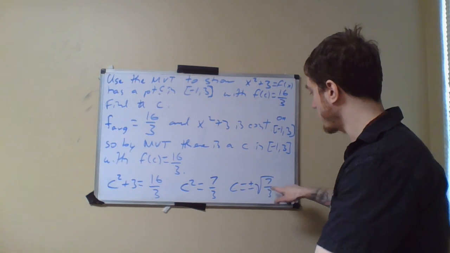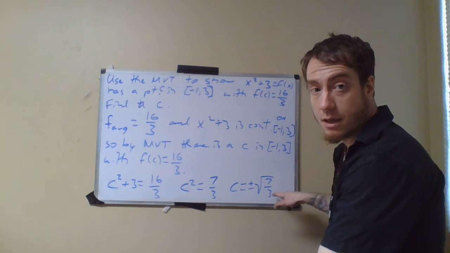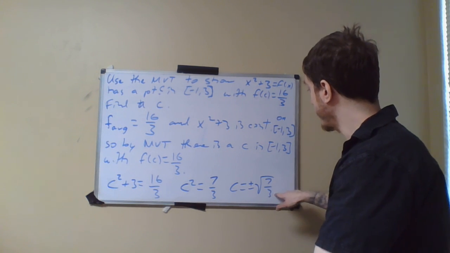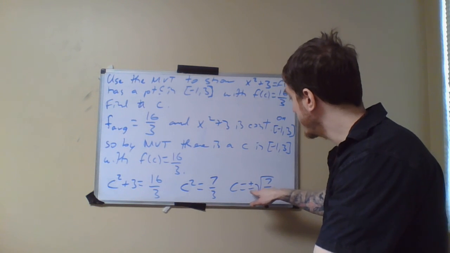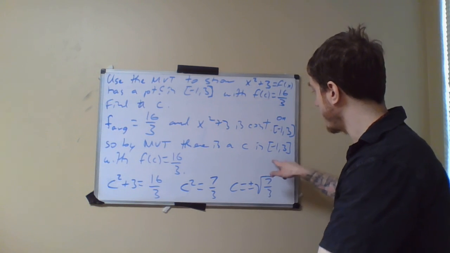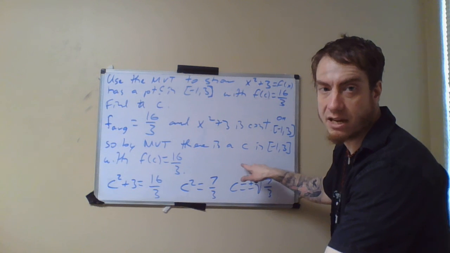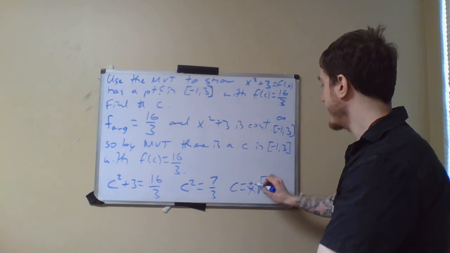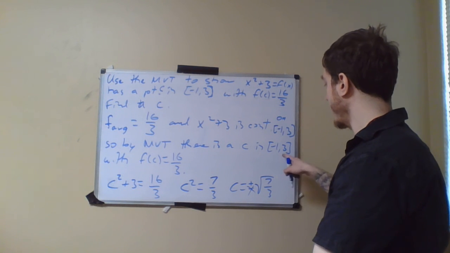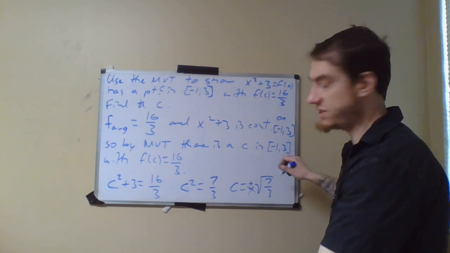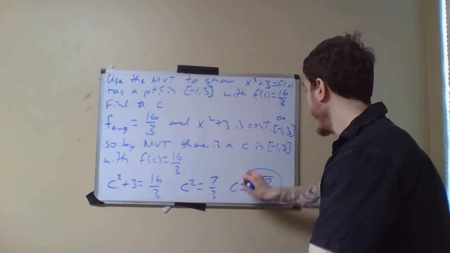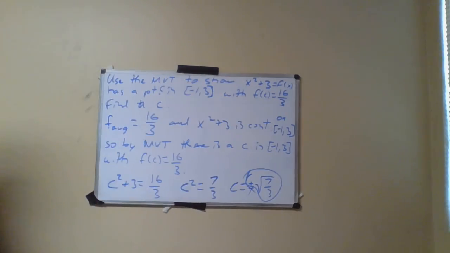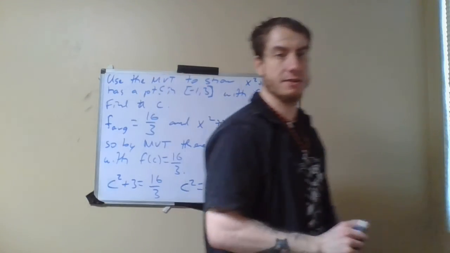The negative square root 7 over 3 is not in this interval because square root 7/3 is bigger than 1, so negative square root 7/3 is to the left of -1 and is not admissible. But positive square root 7/3, that's fine. That does sit in this interval. So my answer here is that the positive square root 7/3 is the only place where this happens.